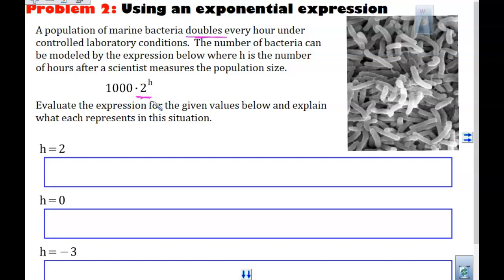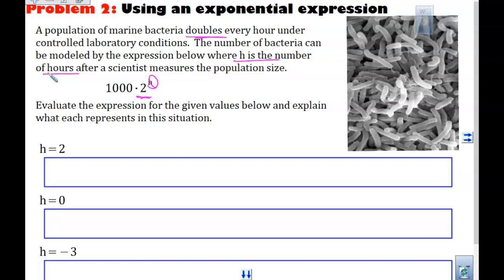So it doubles every hour under controlled lab conditions. The number of bacteria can be modeled by this expression, where H is the number of hours. So we know this H stands for our hours after they started measuring the population. So they said, okay, we got 1,000 bacteria. We're going to keep measuring it and see what happens.